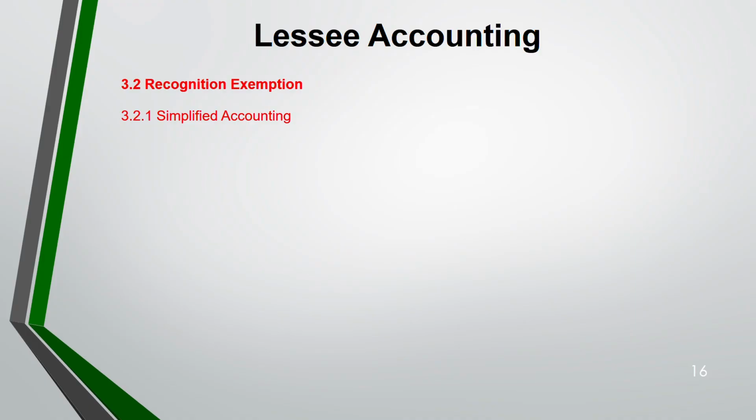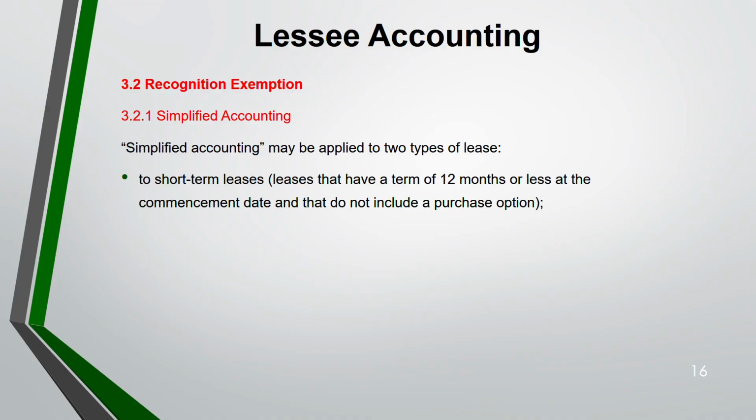Now, simplified accounting. What is the meaning of recognition exemption? Simplified accounting can be applied for two types of lease. First type, short lease. If your lease is for 12 months or less, and it does not include a purchase option. That means you can't own the asset at the end of the lease term. Next, those leases for which the asset when new is low value.